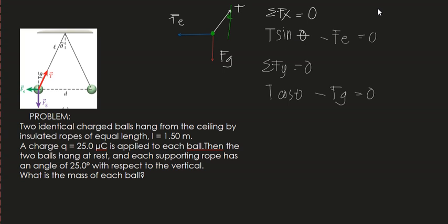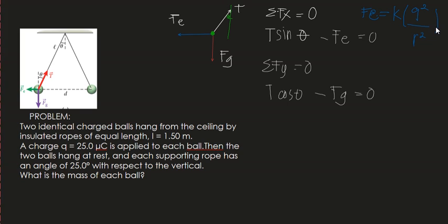What is the equation for your Fe, or the electrostatic force? Fe will be equal to K, which is 8.99, and then Q. Since they have the same charge, it is automatically Q squared, all over the distance between them, which is R squared.